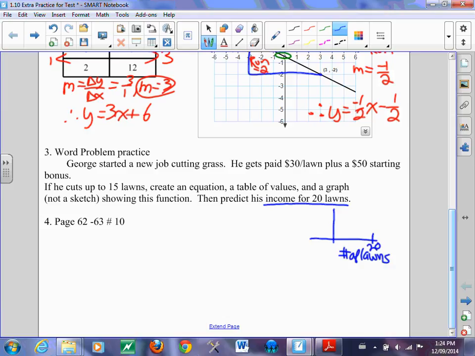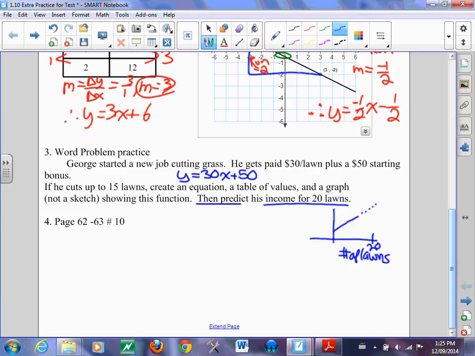So when you do your graph, guys, it's going to be a solid line to 15 and then a dashed line beyond. Make sure you come up with your equation. So to help you out, your general equation is going to be y equals 30x plus 50, where x is the number of lawns. You can use extrapolation as long as your graph works, but I'd rather you use your equation.